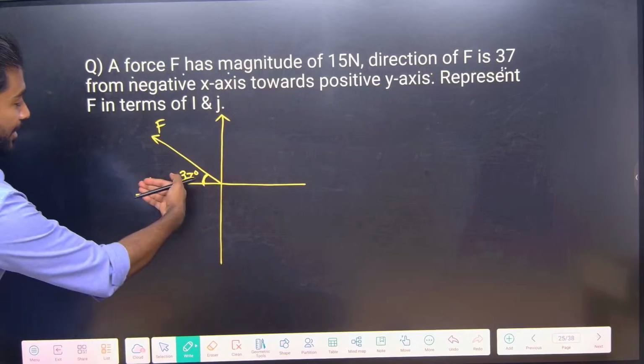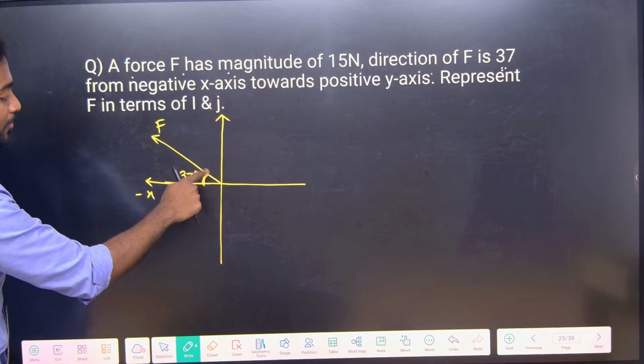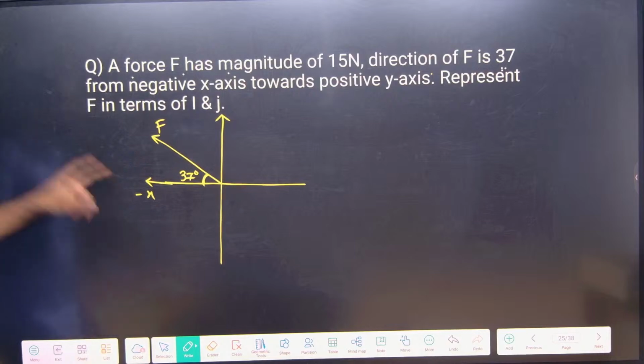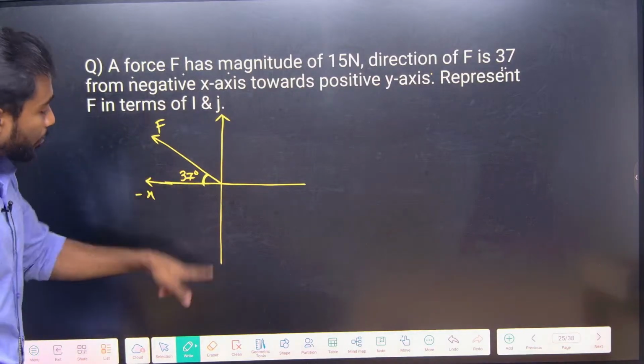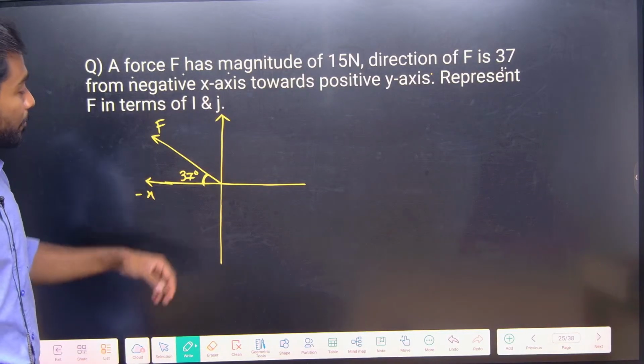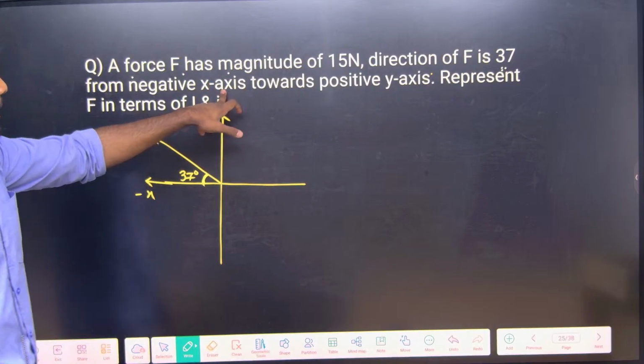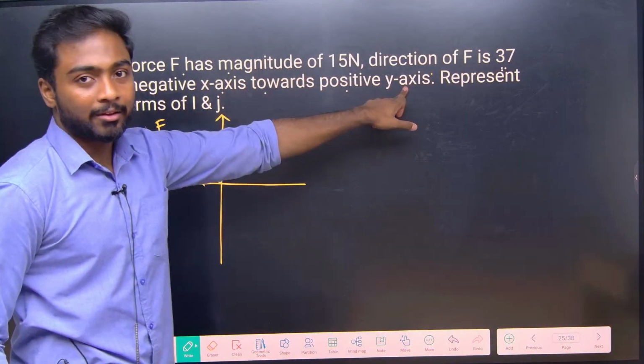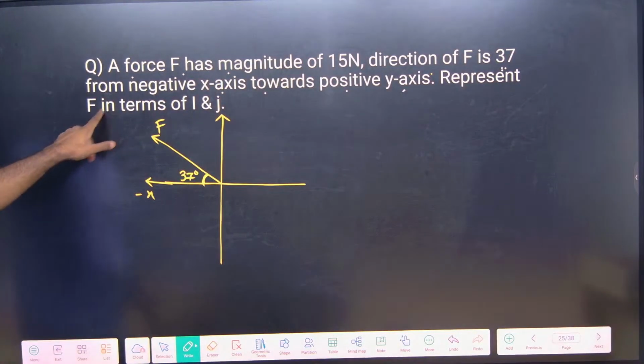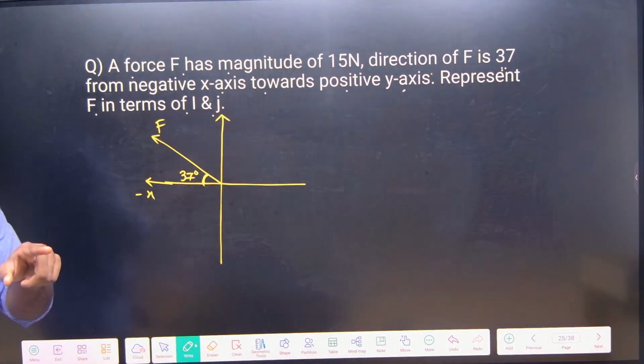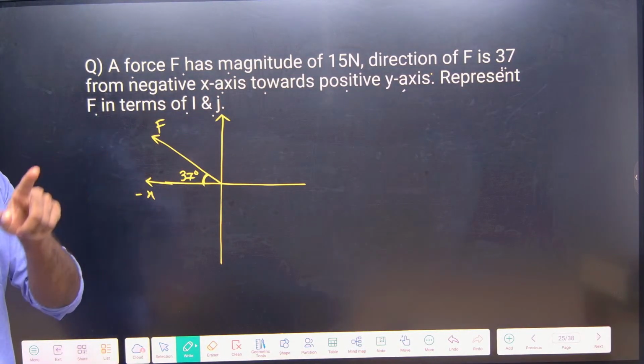I can take this from minus y axis also, but they have properly mentioned negative x axis towards positive y axis. Represent F in terms of i as well as j.